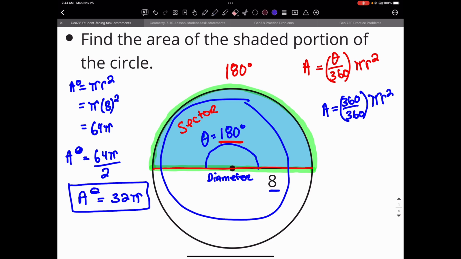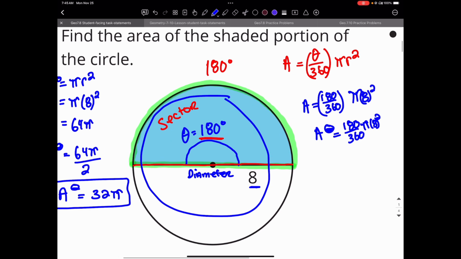But since not the whole thing is shaded, let me go ahead and erase that and let's write what it is. So this would be 180 over 360 times pi, and I'm just going to take off the radius squared and actually put the radius of 8 squared, right? So the area of that shaded region is equal to 180 over 360 pi times 8 squared, right?